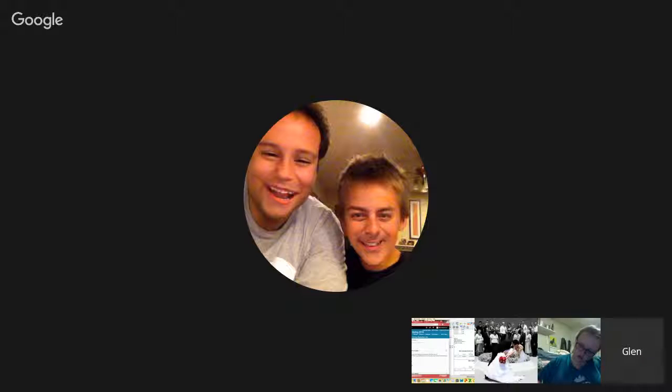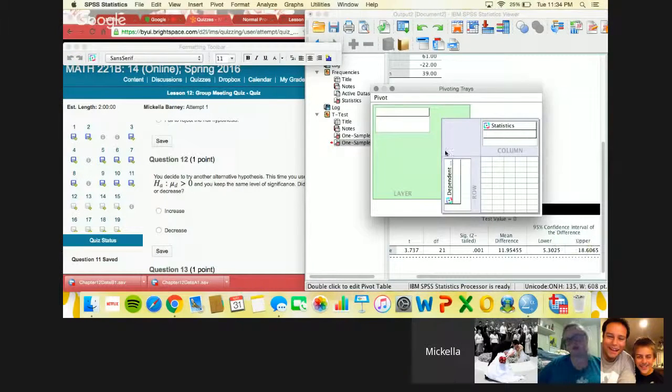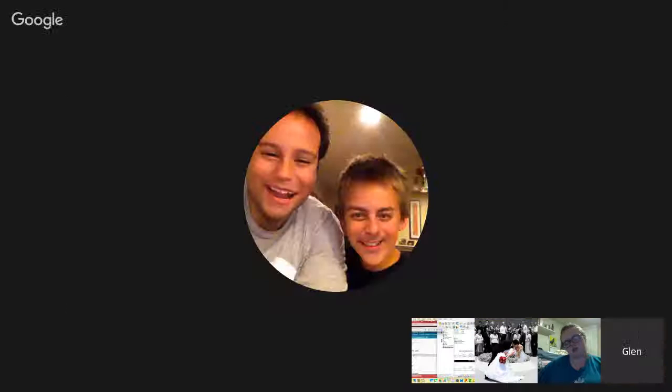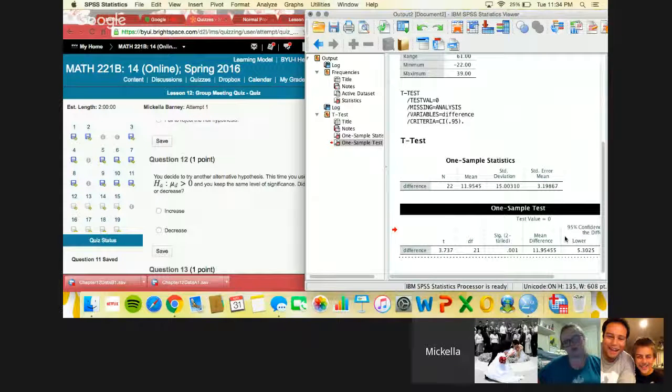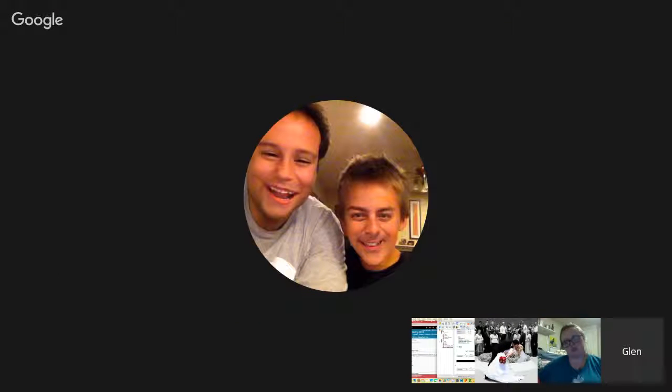No, wait. It says on here 95 level of confidence. I don't know. Doesn't that mean it's like the upper part? So that would increase or no? Hold on. I think I have this part wrong because it says this is the 95% level confidence interval of the difference.